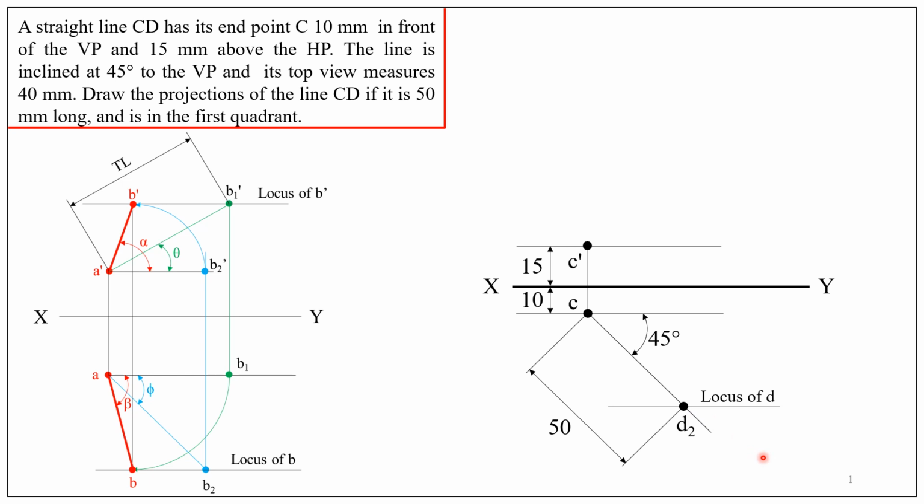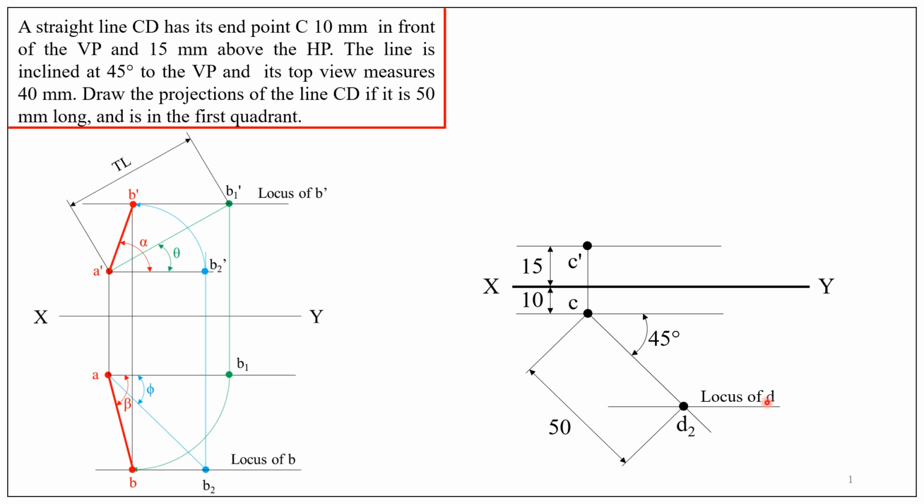Definitely point D will lie on this line, but where exactly, right now we don't know, but it is given the top view is equal to 40 millimeters. So the top view here is AB, and in the problem the top view is CD. We know the position of C. Suppose if you are able to locate point D, then we can join C and D and complete the top view.